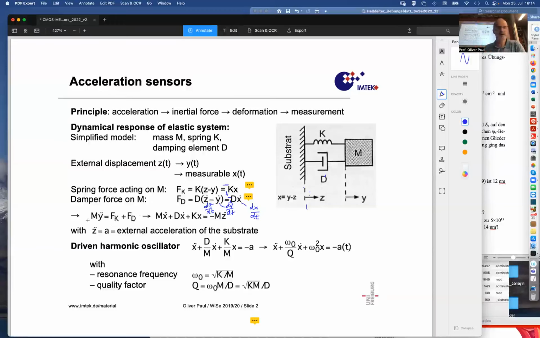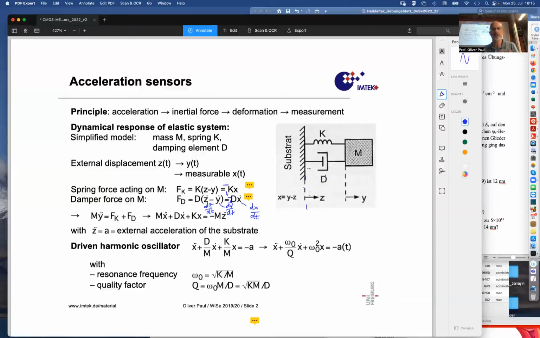If I just insert these forces in here and put the things on the right side, I end up with an equation that tells me how x, this relative distance, evolves as a function of time if this substrate moves according to a certain time function, a certain acceleration.